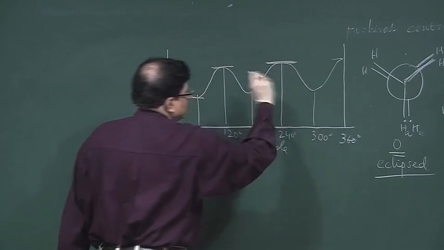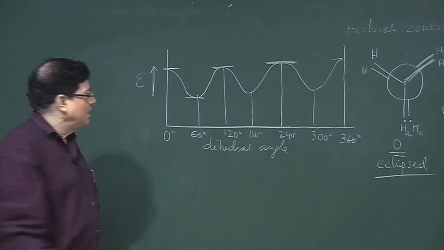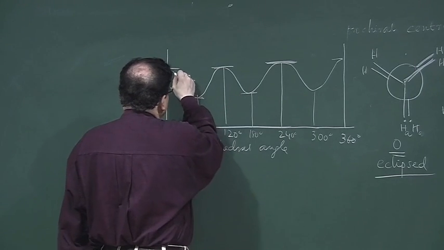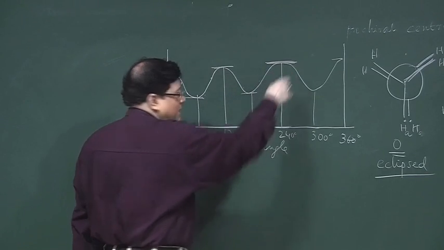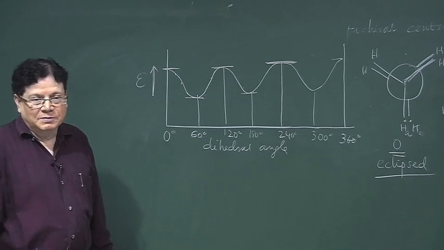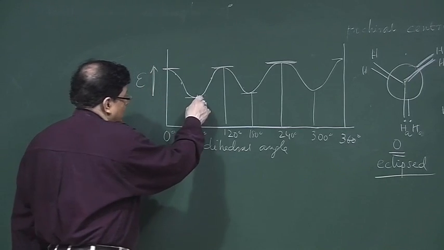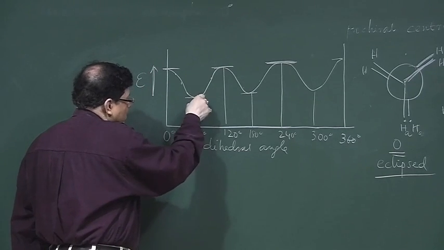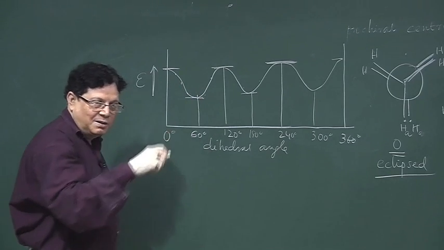These maxima points are the eclipsed forms, the minima points are the staggered forms. Every point in this diagram represents a conformation with a particular dihedral angle. However, the molecule will prefer to exist in this form, because that has a minima.